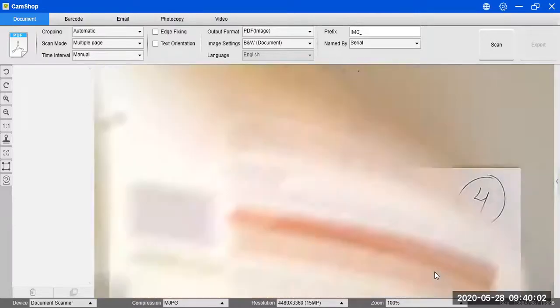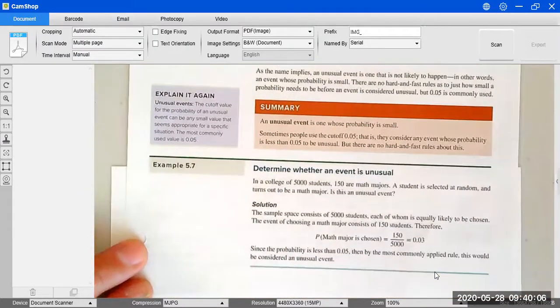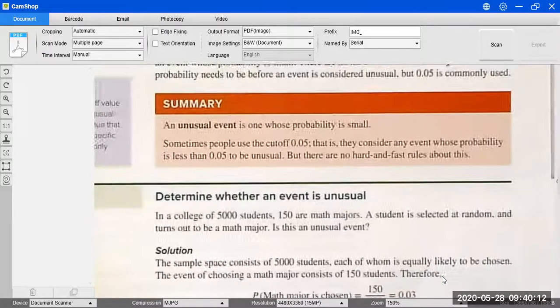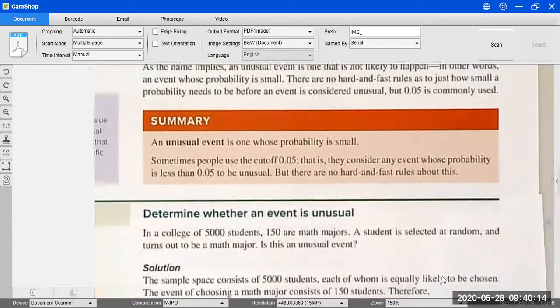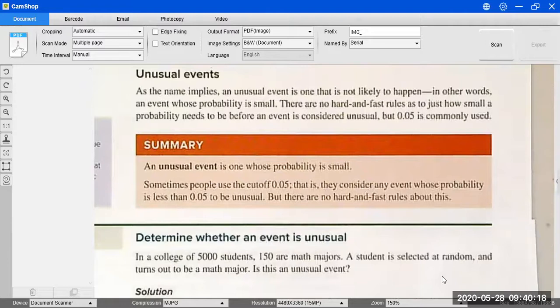We're going to work example 5.7 from your book on page 209. So this example is about computing another probability, but using that probability to decide whether the event is unusual or not. So in a college of 5,000 students, 150 are math majors, and then a student is selected at random and turns out to be a math major.